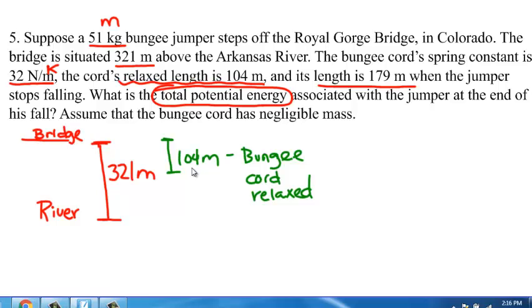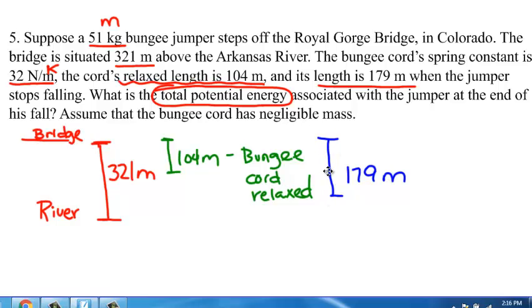However, when this jumper drops off, he's going to create some potential energy elastic. So how much will that be? Well, you have to consider how far he goes down. So we should label a third length, and it's 179.